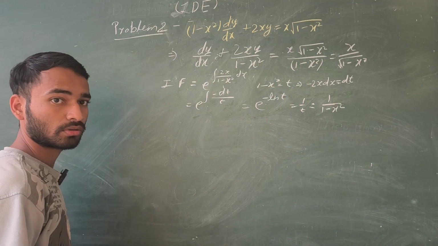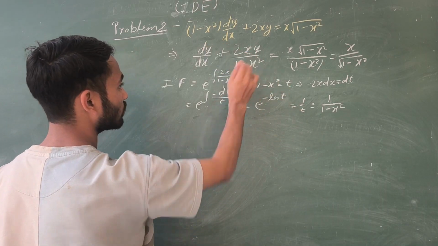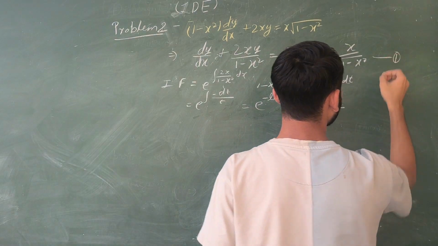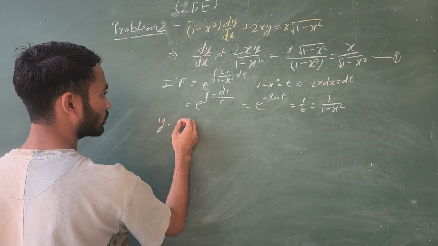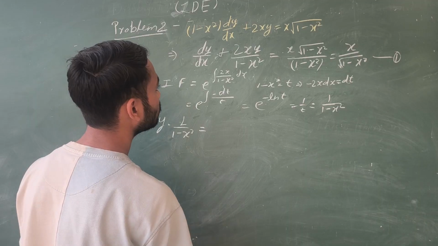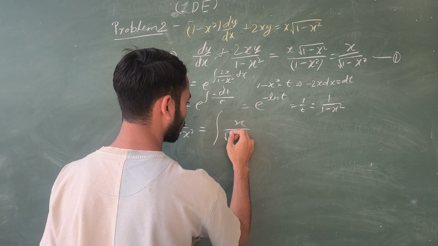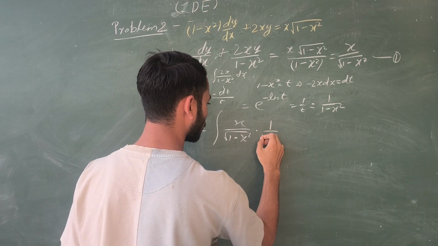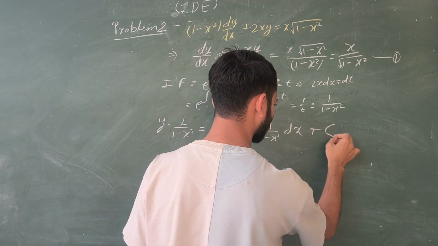Okay. Now put this in our first equation here. This is equation 1. We will get y dot integrating factor 1 minus x square is equal to integration x by under root 1 minus x square multiplied by 1 by 1 minus x square times dx plus c.